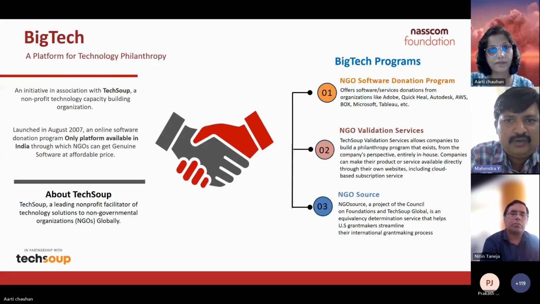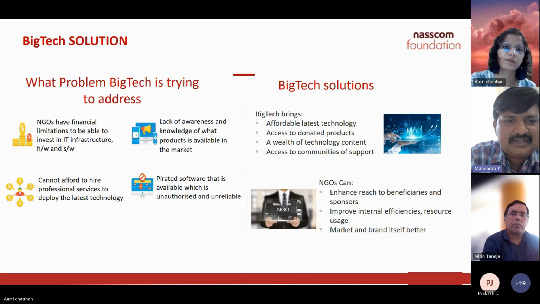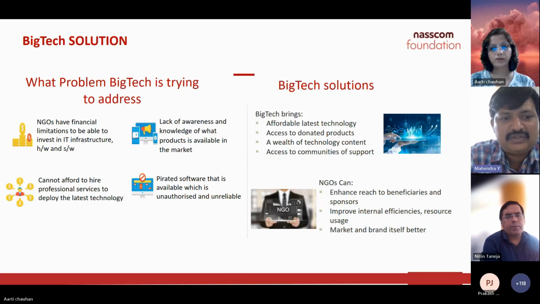Okay, moving on. I think I touched on some of these things. So, what do we offer as BigTech? Some of the problem statements we understand are that NGOs have certain financial limitations to invest in hardware or software, and some NGOs can't afford to hire professional services and deploy the latest technology available in the market.